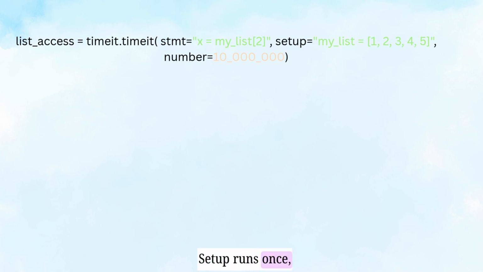Setup runs once, just once, before the 10 million test runs begin. It sets up whatever your code needs. So here it's create the list. my_list = [1, 2, 3, 4, 5]. Then timeit runs stmt 10 million times, and the setup time is not counted in the result.